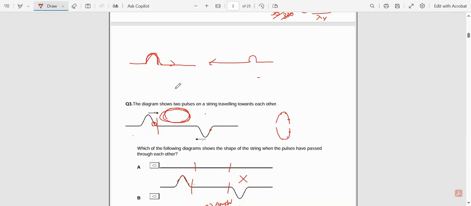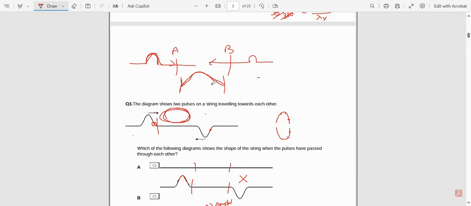So at the superimposable position, for example this is a superimposable position, we will get the maximum amplitude, because at the superimposable position there is constructive interference.